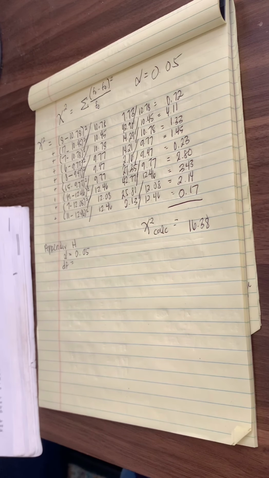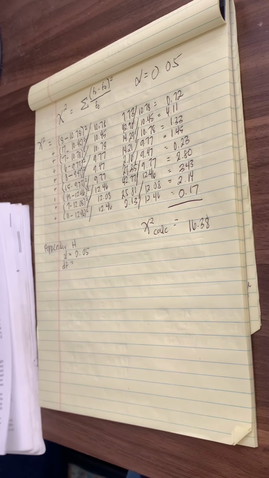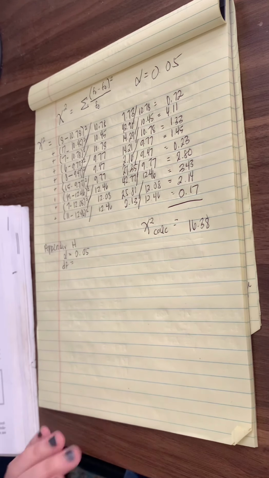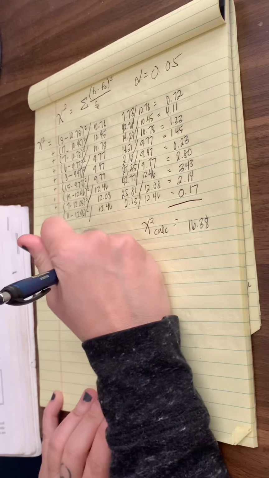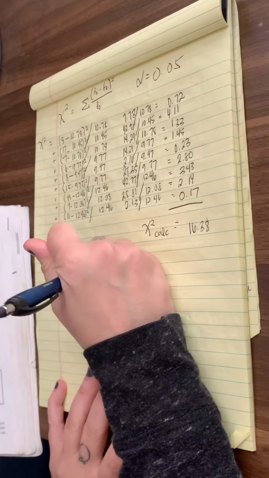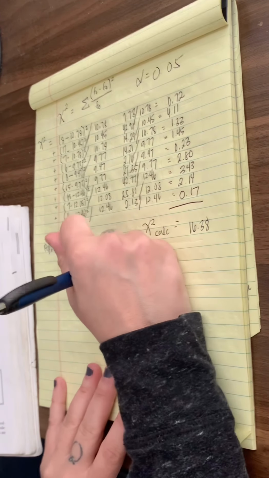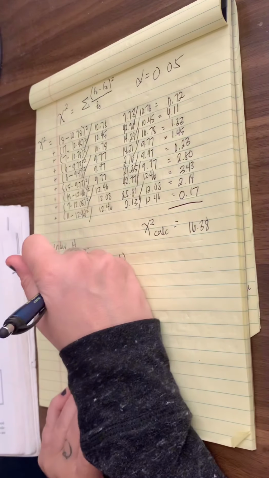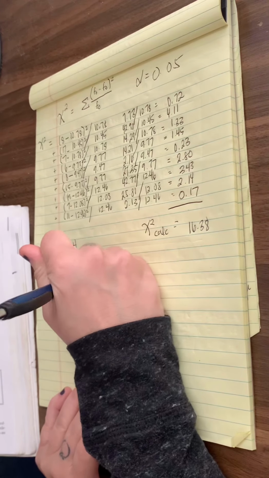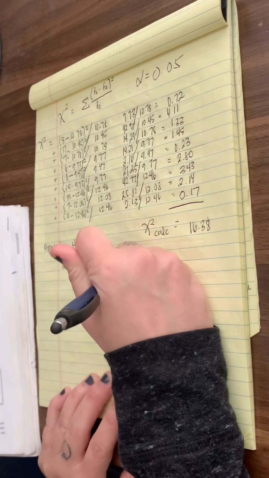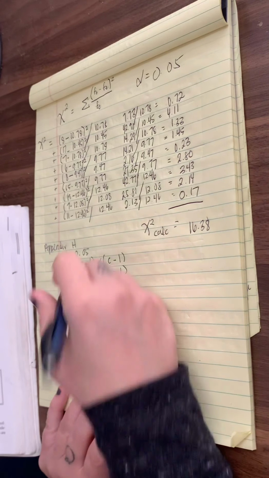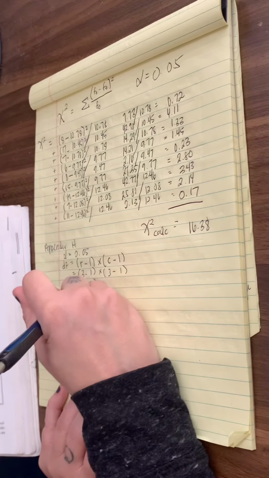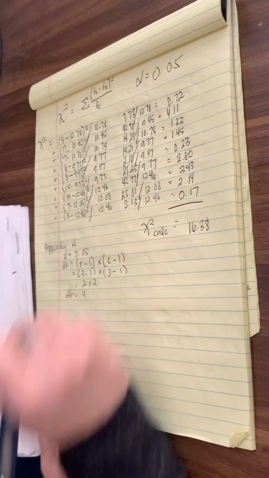For the chi-square test of independence, the degrees of freedom is determined by taking the number of rows in the table minus 1 and multiplying that by the number of columns in the table minus 1. So if we have a 3 by 3 contingency table, which we already knew we did, our degrees of freedom are equal to 3 minus 1 times 3 minus 1, or 2 times 2, or 4.